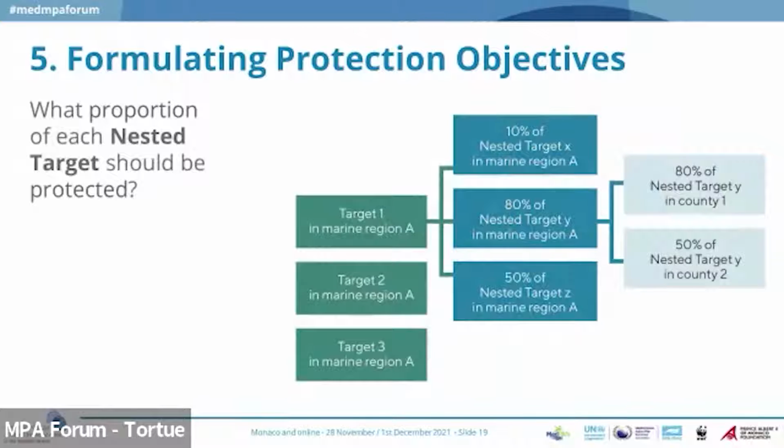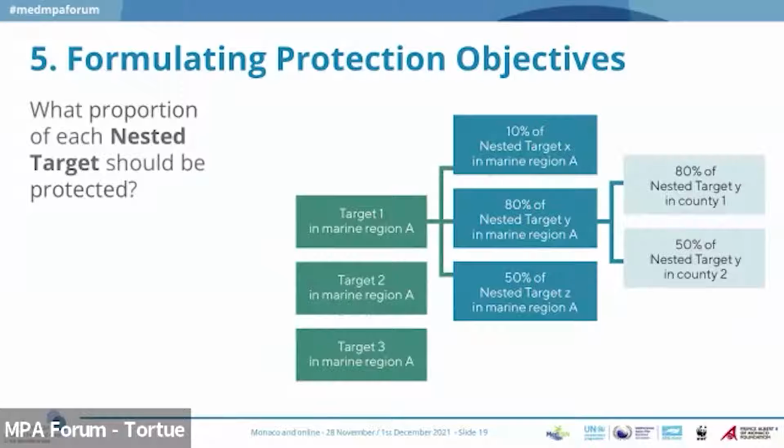The next set of protection objectives we developed were for the nested targets. So what proportion of each of the nested targets should be protected? And that was not as straightforward to do as it was for the marine waters in general, because we assumed that the nested targets need different levels of protection in the different areas. So as you see on the diagram here, it varies from the different regions and down to the different counties as well.